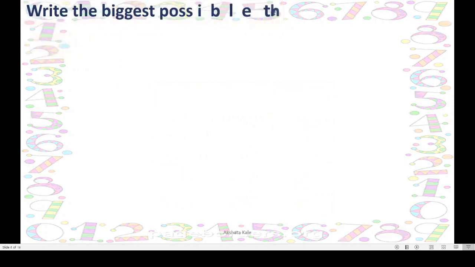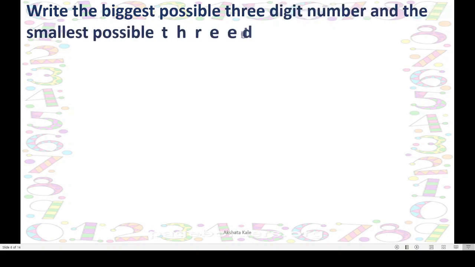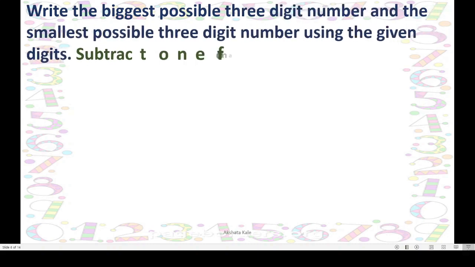Dear children, first we will read this and then we will understand, then we will solve. Okay? First, write the biggest possible 3-digit number and the smallest possible 3-digit number using the given digits. And then subtract one from another.